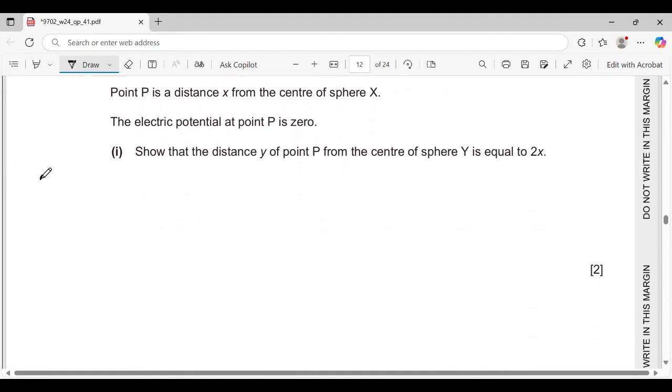phi equals 1 over 4 pi epsilon 0 times q over r.